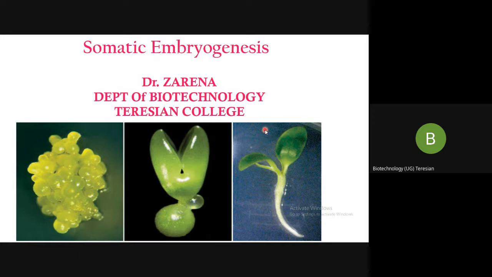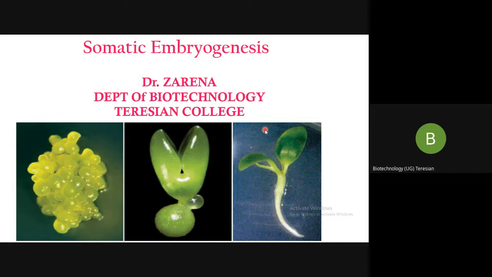Everything happens because they have the ability to grow into a whole plant, and this phenomenon is what we called totipotency. Our scientists have used this phenomenon of totipotency and have applied it to a wide variety of crop plants and agricultural plants for their improvement.